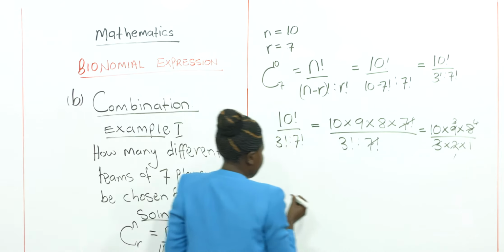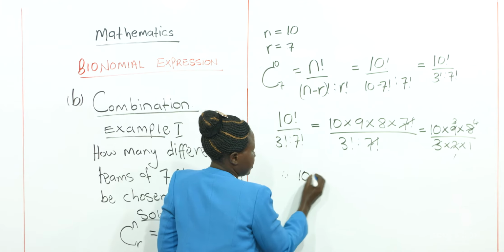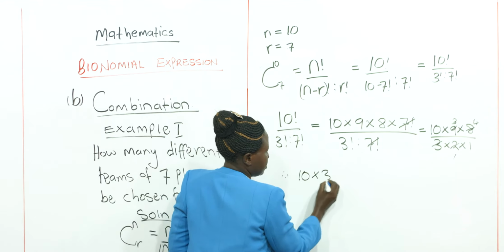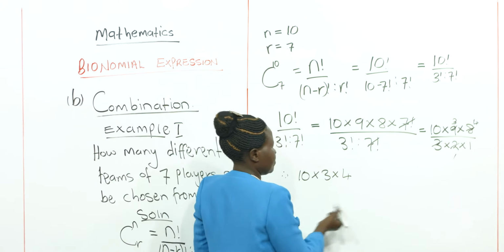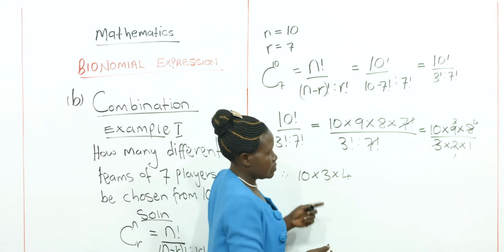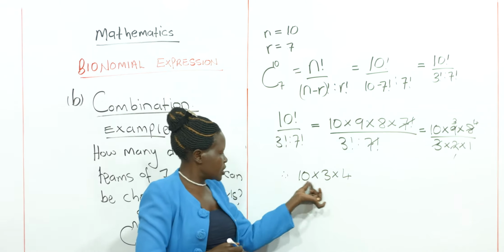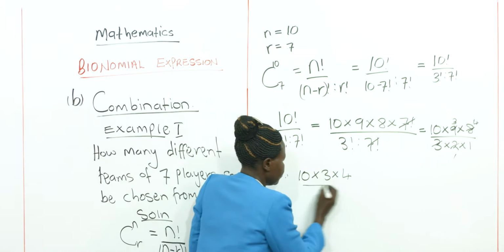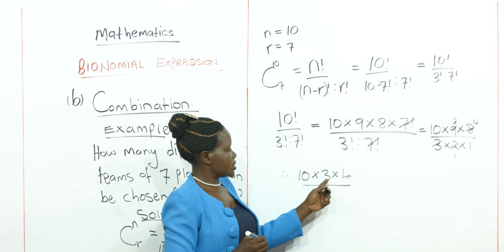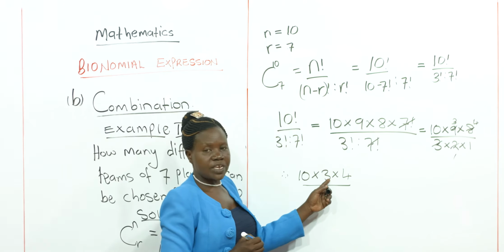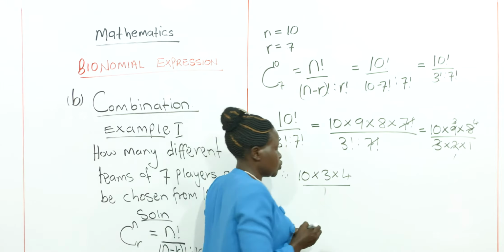So you are left with 10 times 3 times 4, divided by 1, which will give us still the same answer. When you multiply this, 10 times 3, we get 30. 30 times 4, we get 120.